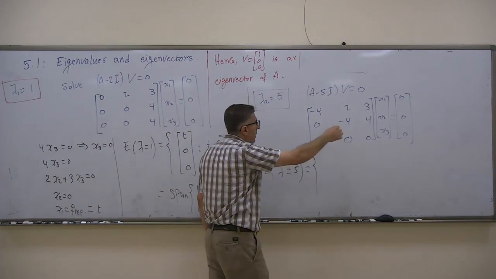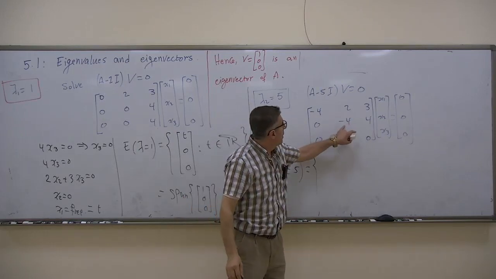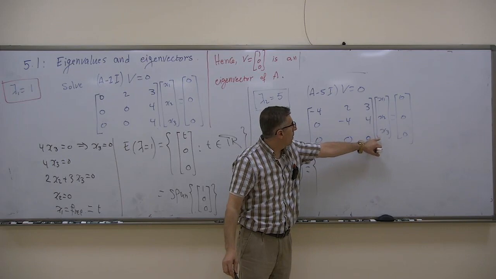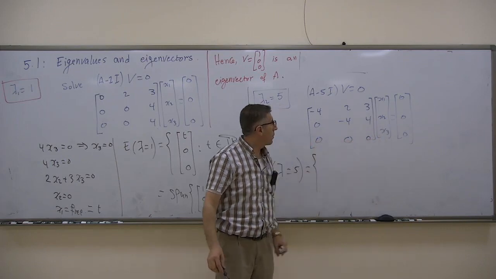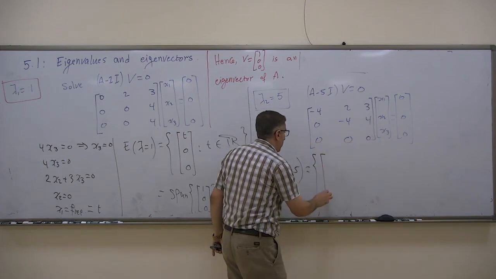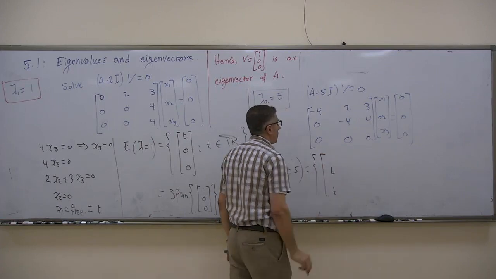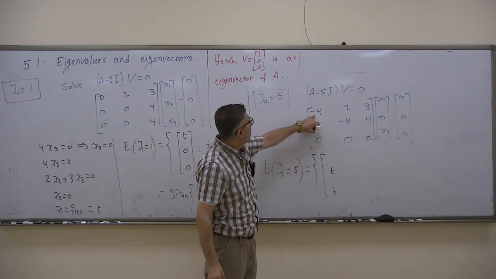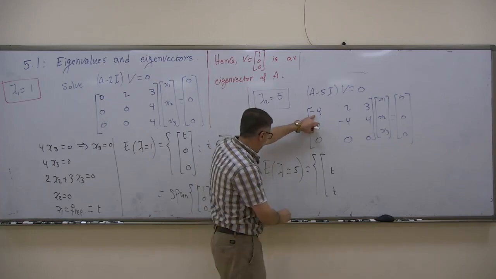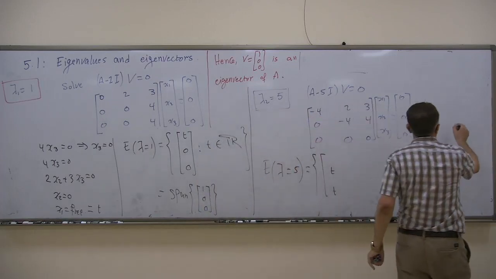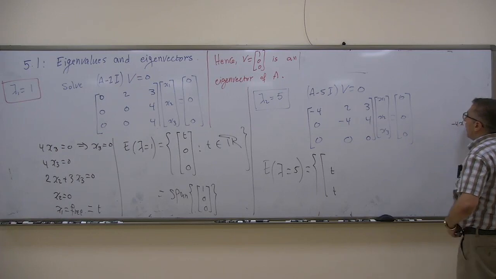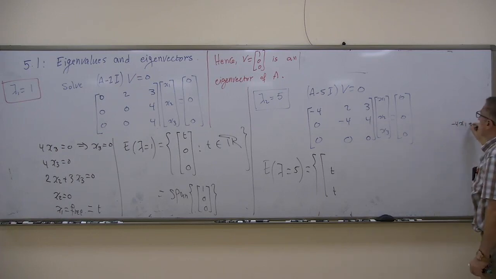So basically that's again simple here. So from here you get negative 4x2 plus 4x3. So x2 equals x3. So here I can say here t and here t. And from here you get negative 4x1 plus 2x2 plus 3x3 equals 0.